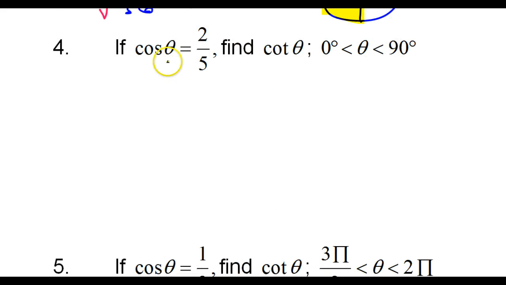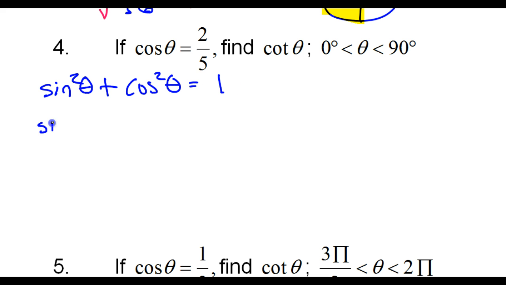Alright, number 4. We've got cosine. So let's go ahead and use the main identity. Sine squared theta plus cosine squared theta is equal to 1, and see what we get.